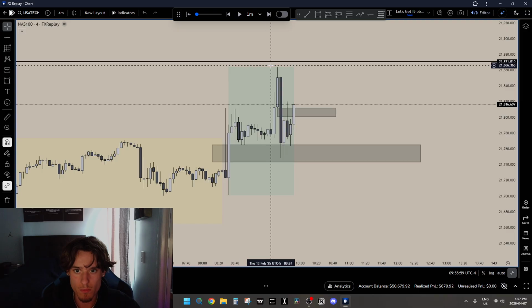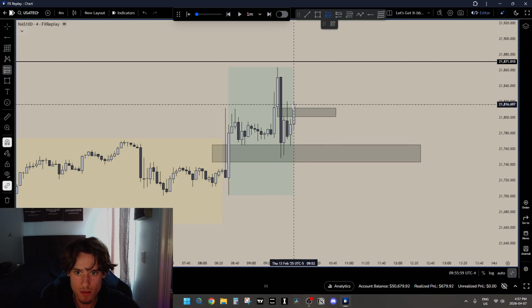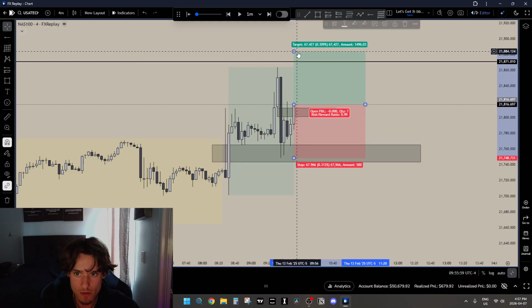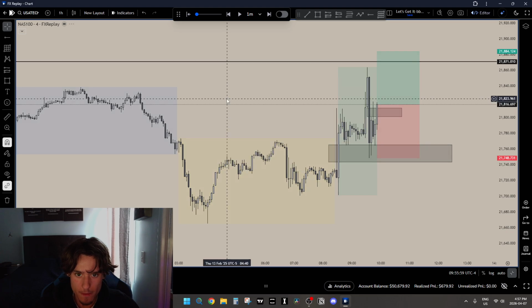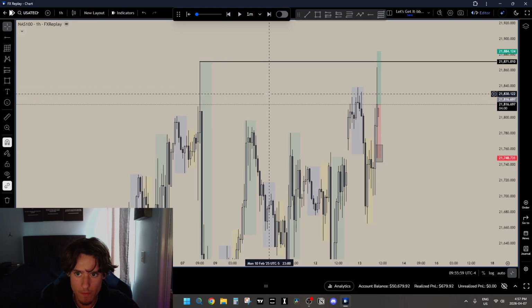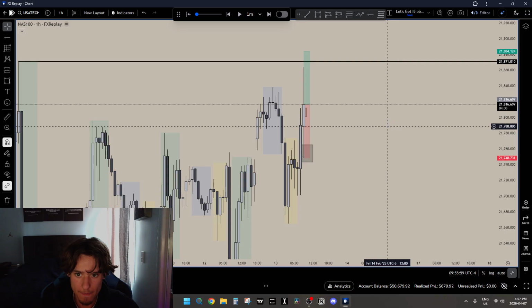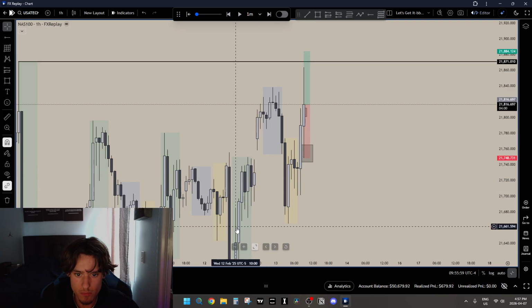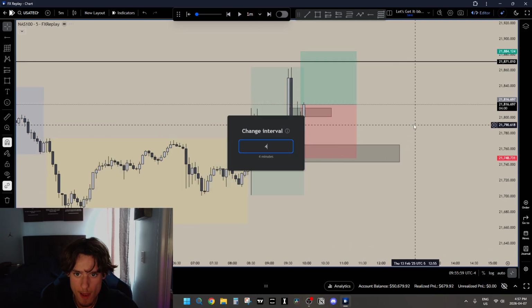Now we just generated more liquidity on these highs. Generated much more liquidity. Yeah, I like these. Disrespecting bearish, respecting bullish. Yeah.